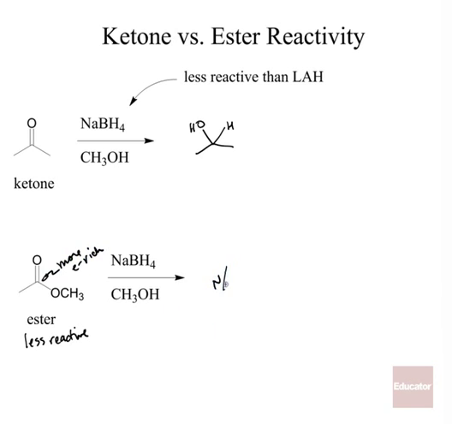We find that there's no reaction here. So we say that NaBH4 is selective for aldehydes and ketones. It can reduce an aldehyde or ketone in the presence of an ester because the ester is less reactive.